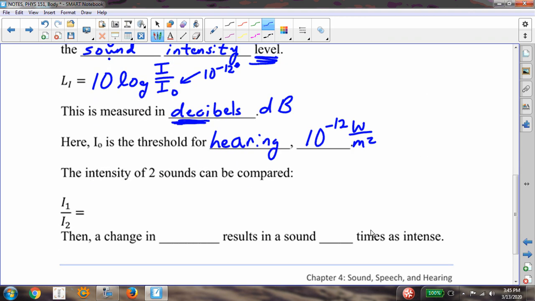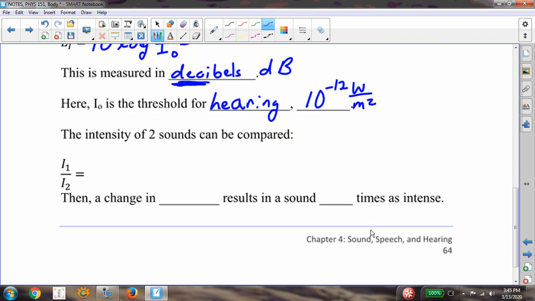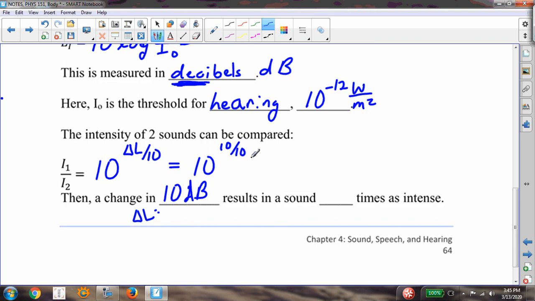The intensity of two sounds can be compared like this, and this is really what I want you to walk away with. I1 over I2, the ratio of the intensities of two sounds, is equal to 10 to the delta L over 10. So if delta L is equal to 10 decibels, I get 10 to the 10 divided by 10, that's 10 to the 1.